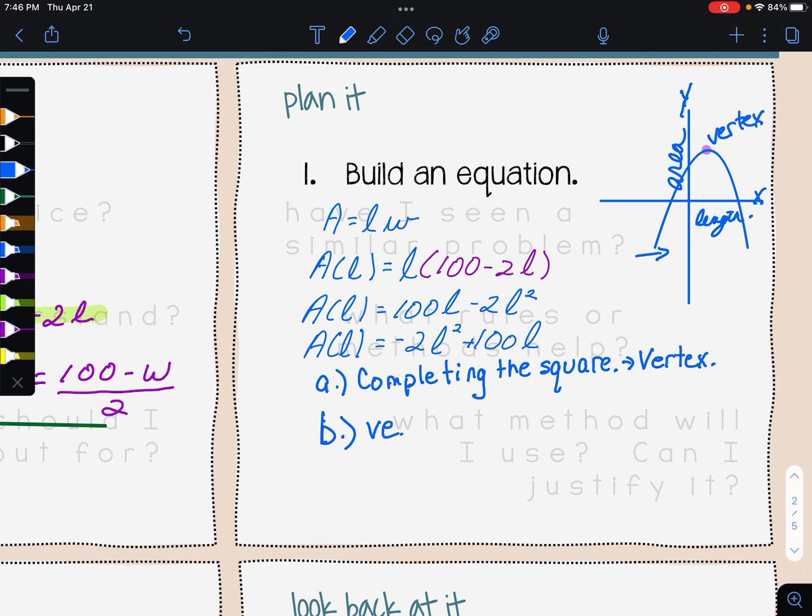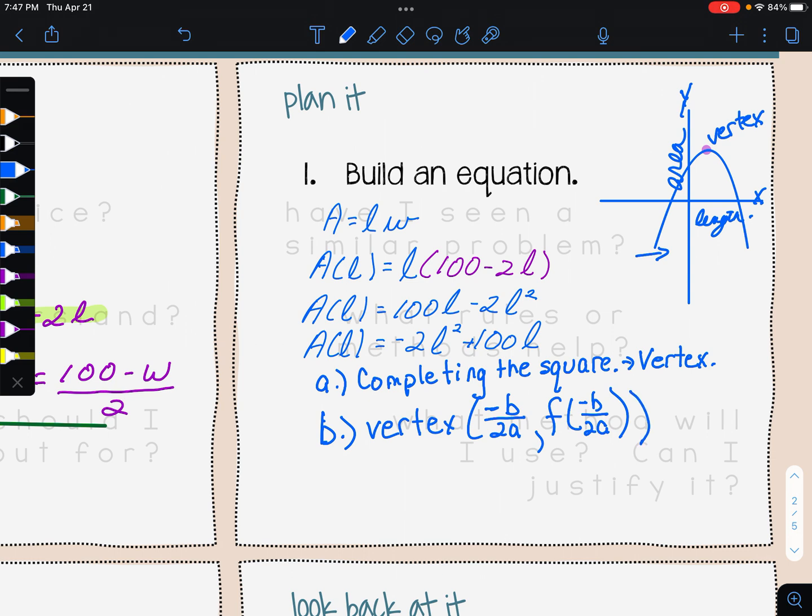Do you remember what it was? So the vertex would be negative b over 2a. That would be the length, and the y value, which would be the area, would be putting that x value into the function itself for the area, A of negative b over 2a.